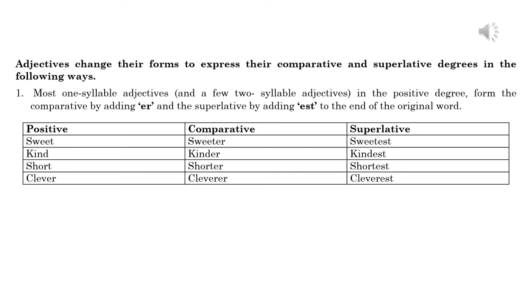Adjectives change their forms to express their comparative and superlative degrees in the following ways. 1. Most one-syllable adjectives and a few two-syllable adjectives in the positive degree form the comparative by adding er and the superlative by adding est to the end of the original word.